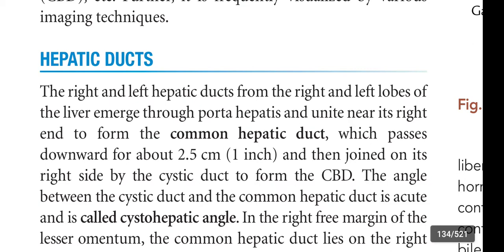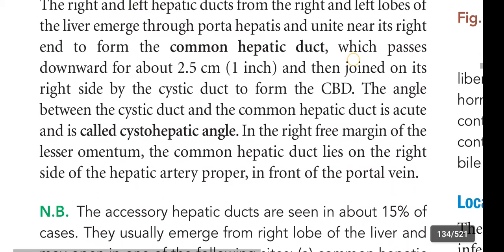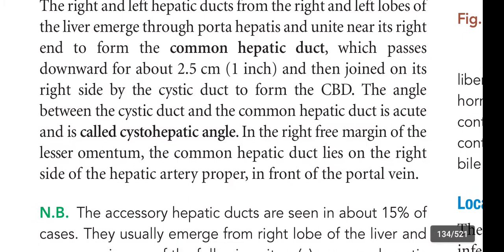The angle between the cystic duct and the common hepatic duct is acute and is called the cystohepatic angle. In the right free margin of the lesser omentum, the common hepatic duct lies on the right side of the hepatic artery proper, in front of the portal vein.